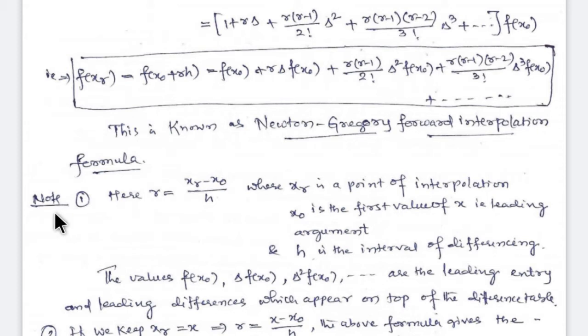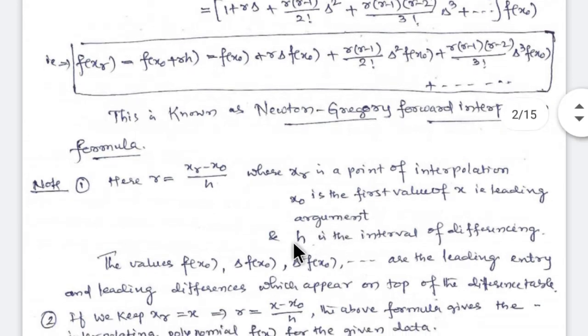Here, two points to be noted. Note number 1, here r can be written as, using xr equal to x0 plus rh, from that you get this: r equal to (xr minus x0) divided by h, where xr is the point of interpolation, x0 is the first value of x, it is called the leading argument, and h is the interval of differencing.